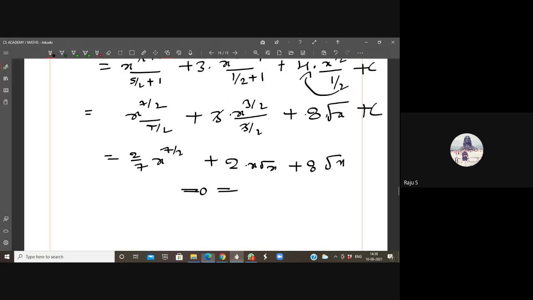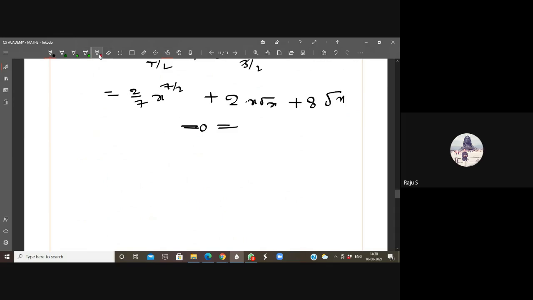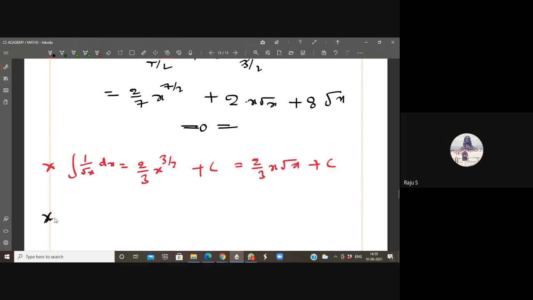And I'm going to write 2 more formulas. Integral of root x formula: it's clearly 2 by 3 x power 3 by 2. Remember this. This can also be written as 2 by 3 x root x. And the next formula is for 1 by root x, not root x.